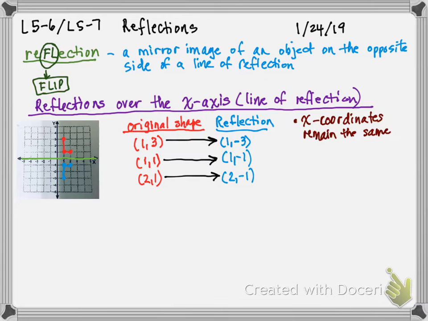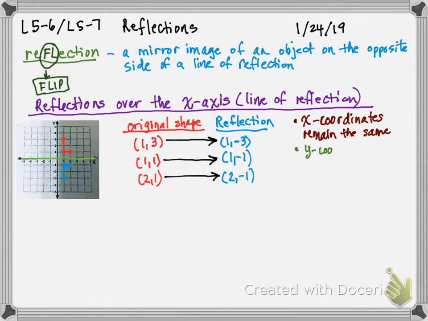And then what happens to the y-coordinates? And this is where we're going to use some of that good language we've learned. Use some good words. 3 becomes -3, 1 becomes -1, 1 becomes -1. So the numbers we get for the y are the same numbers, but they are on the opposite side of the x-axis, so we end up with opposites.